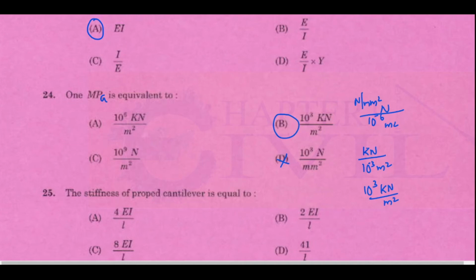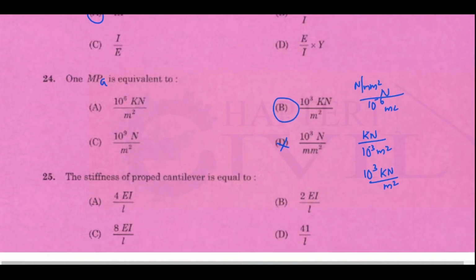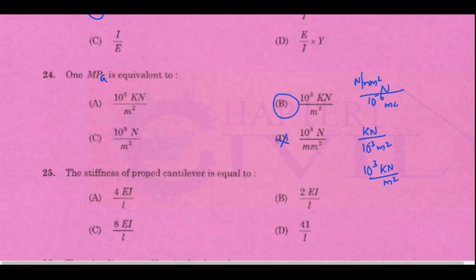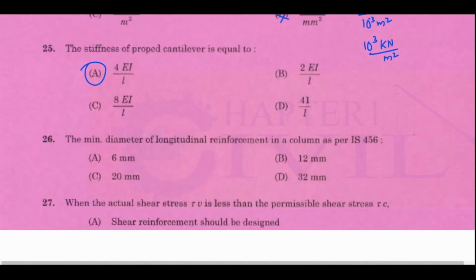Question number 25. The stiffness of propped cantilever is equal to 4 EI by L, 2 EI by L, 8 EI by L, 4 EI by L. Stiffness of propped cantilever is 4 EI by L. Question number 26.